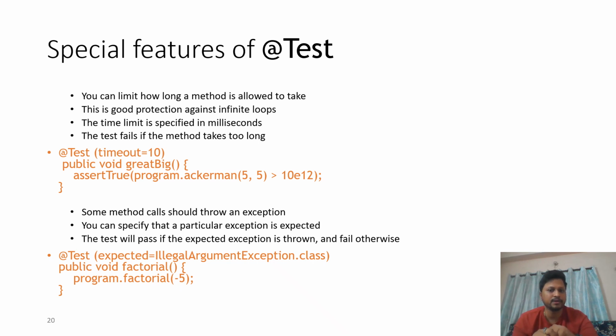In those cases it may take some time, even 5 seconds. I need to wait until the data is validated. In that case I can use the Test annotation, and I can specify the timeout as more than 5 seconds. I can specify it here in milliseconds.